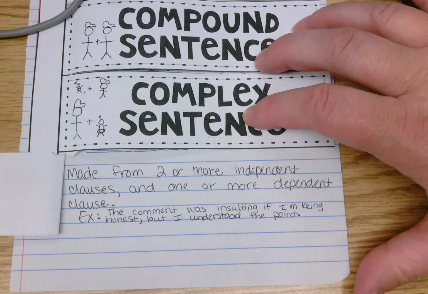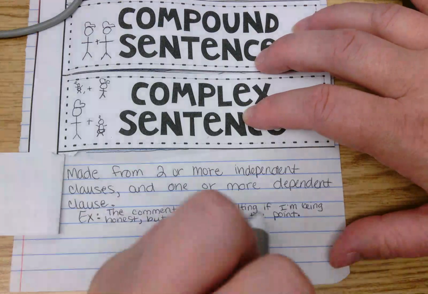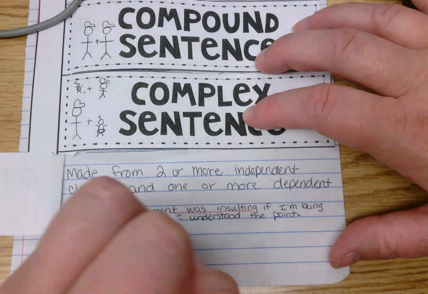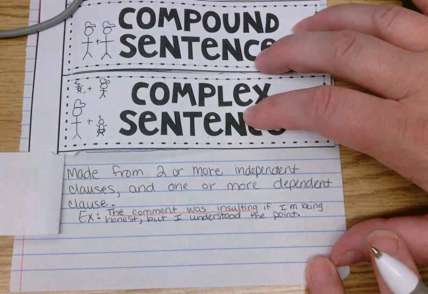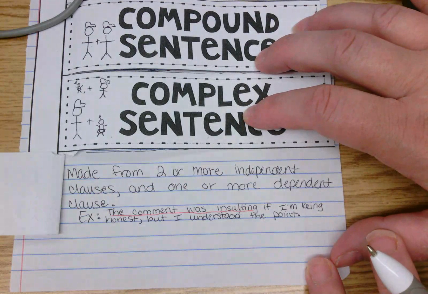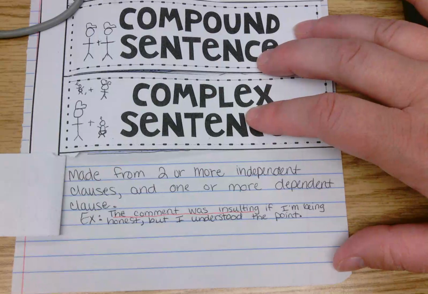Okay. So give me one independent clause here. The comment was insulting is an independent clause. Is this like an email? Yes. Okay. Well, it was a chat. Another independent clause.